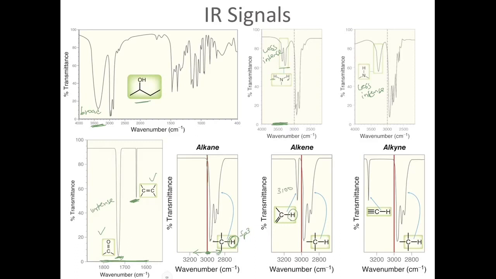Okay? If it is sp hybridized, the peak will usually appear at around 3,250. So roughly more than 3,100. So then we're going to have an sp hybridized carbon which has a proton connected to that carbon.